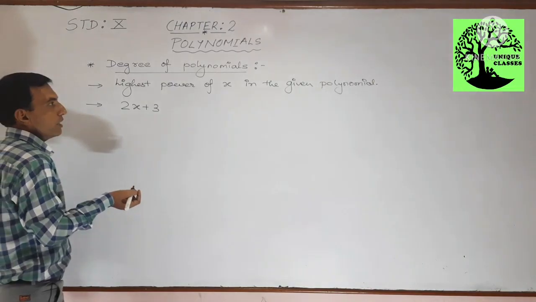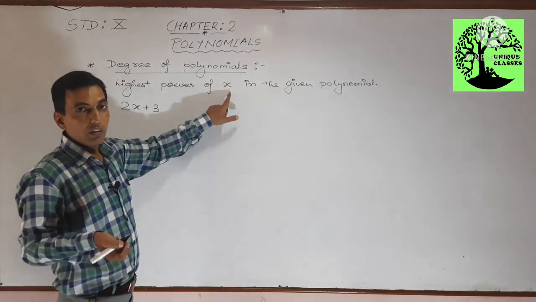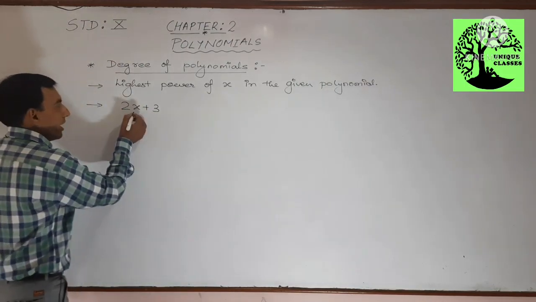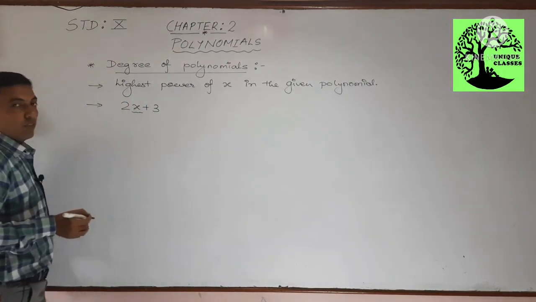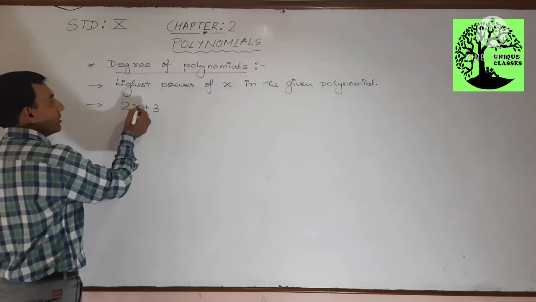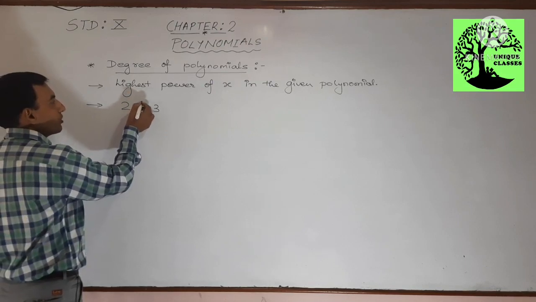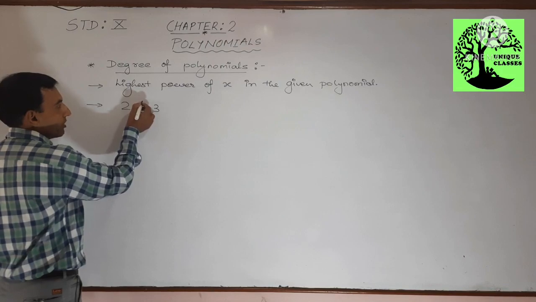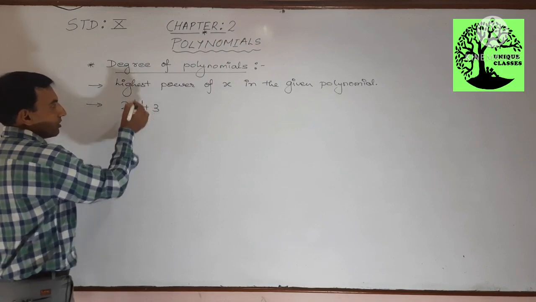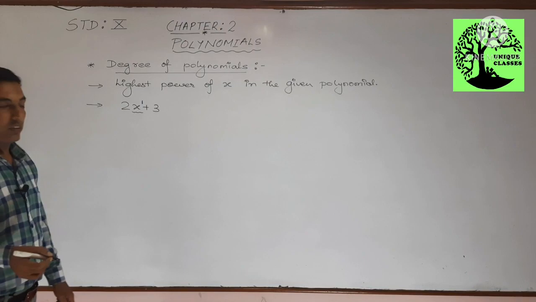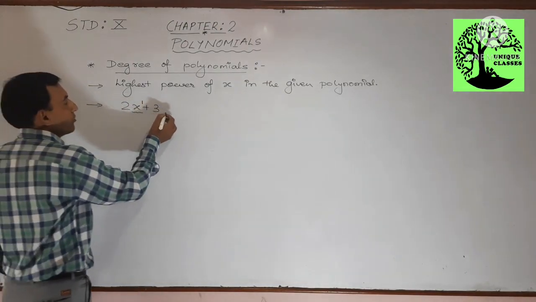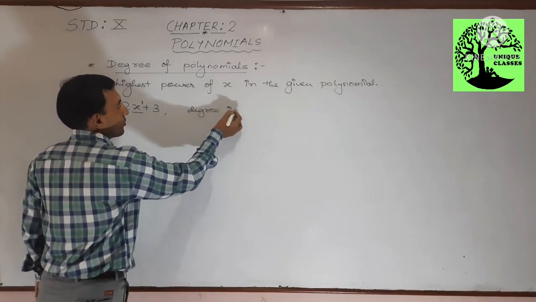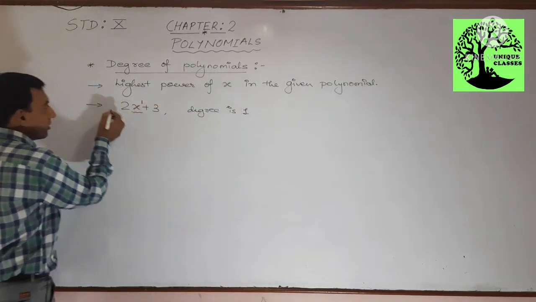So, I told you variables are nothing but what, student? English alphabets in small letters. So, x you can find, this is the variable. Now, its power. So, by default there is nothing written here in the power. So, by default it is what?